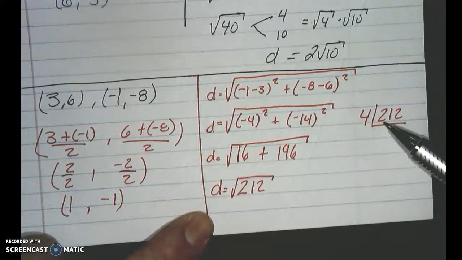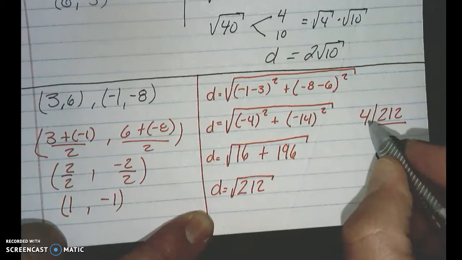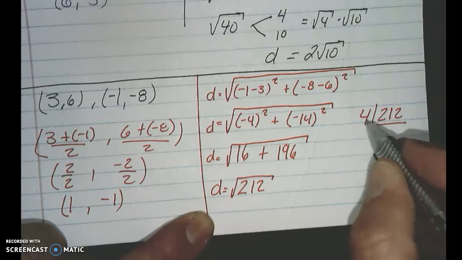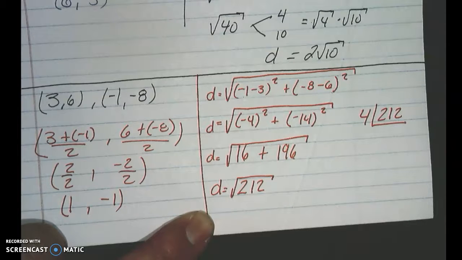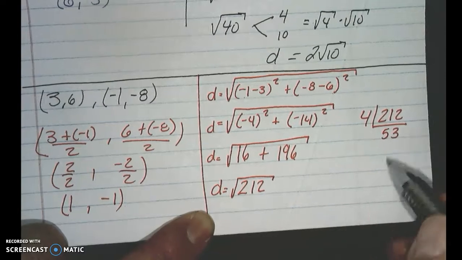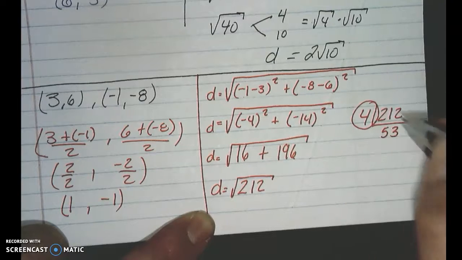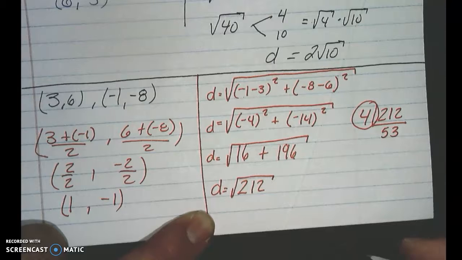I'm talking about how to reduce the square root. Okay? So I'm first going to try it with an even value, which is 4. All right? So 4 into 212 gives me 53. Okay? 53, I'm pretty sure is prime. Now, this is a perfect square, right?